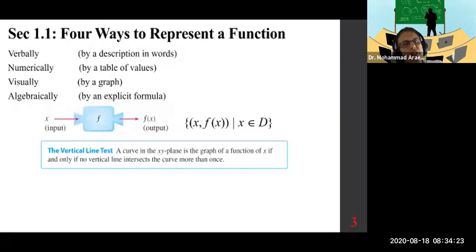As you all have seen, when we have a function machine, x, and then f of x, the f function results in f of x. The result is a set of pairs, x comma f of x, where x is the independent variable, and f of x, or y, normally, is the dependent variable.